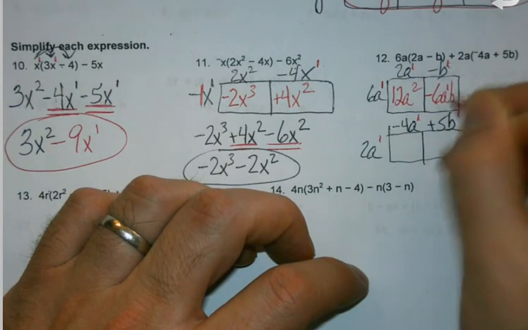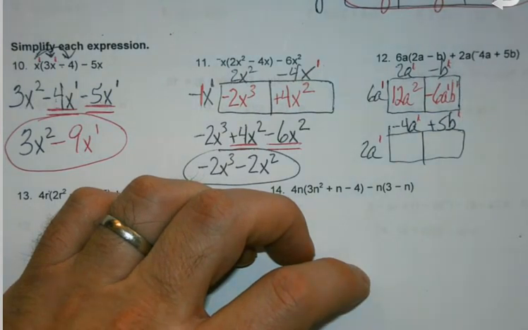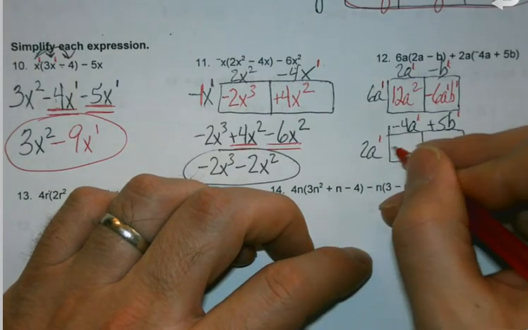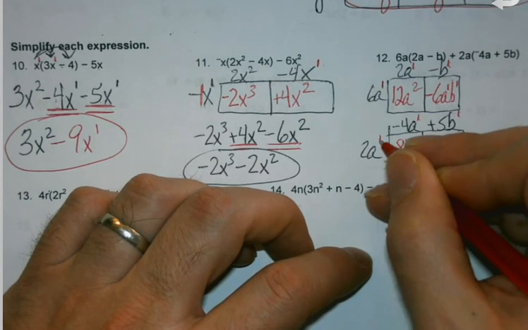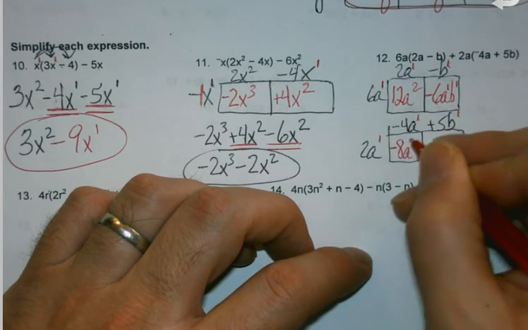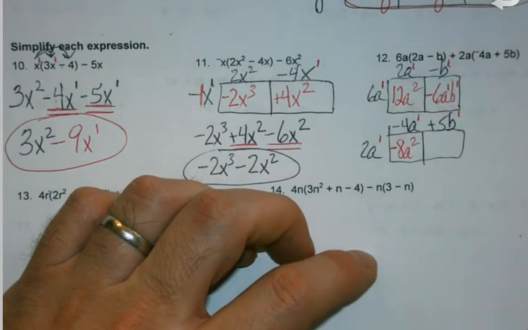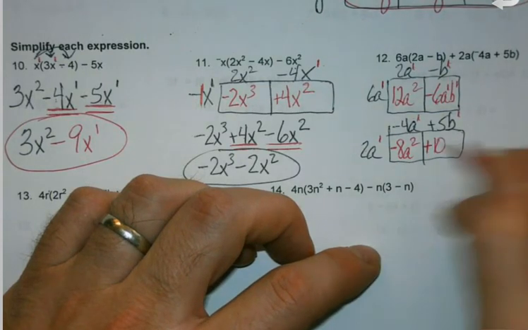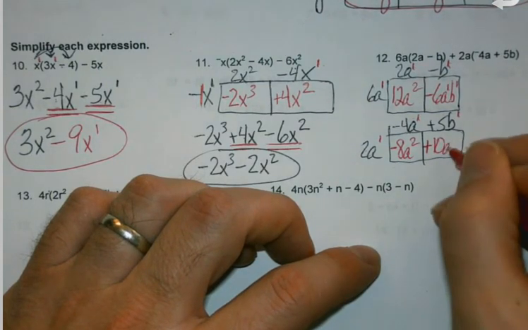A to the first, b to the first. Ooh, there's a first time we're starting to get into multivariables in one part here. And then we'll do the same thing in the other one. 2 times negative 4 is negative 8. Add my exponents on my a's. 2 times 5 is 10. And I have one of each.